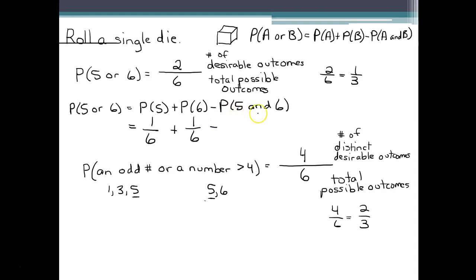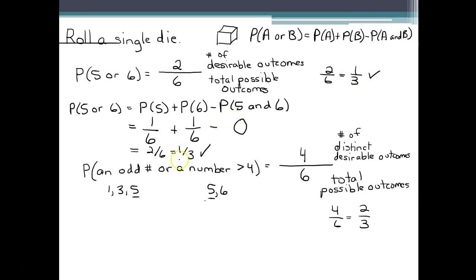But the probability of rolling a 5 and a 6 in one roll, remember this is rolling a single die, rolling it one time, you cannot do that. Your die cannot land on 5 and 6 simultaneously. If you roll the die twice, then you can get a 5 and then a 6, but that's not what we're saying here in this problem because it said roll a single die. So you end up with 2/6 or 1/3, which is exactly what we had gotten when we just reasoned through it.